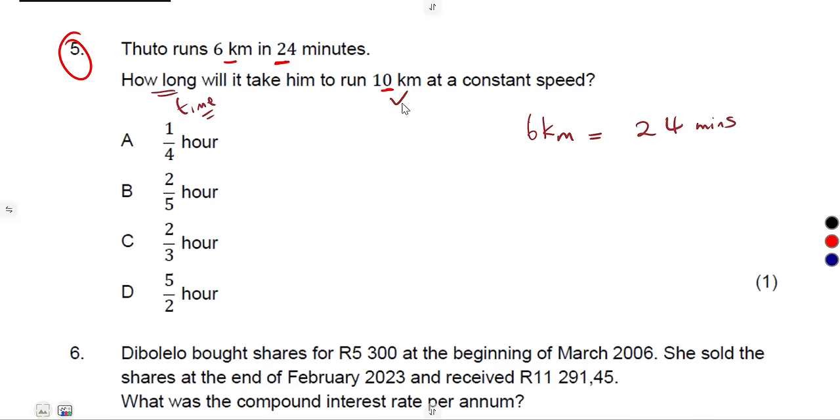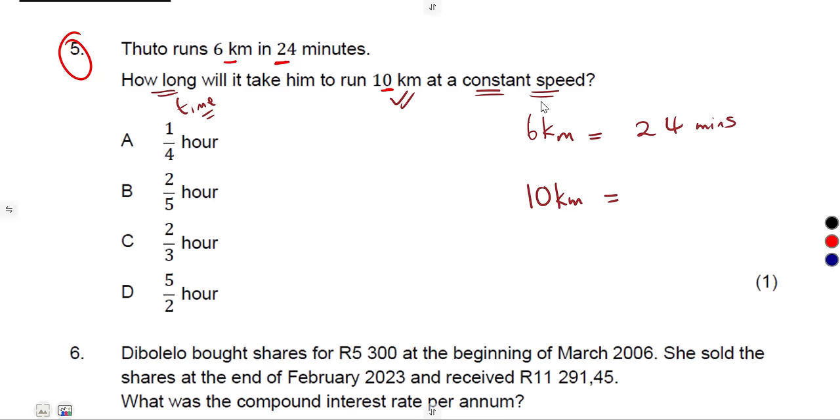To run 10 kilometers is still the same thing, distance to the time. 10 kilometers in terms of the time at a constant speed, meaning the speed is not changing. There's no change in speed. So what is going to happen?